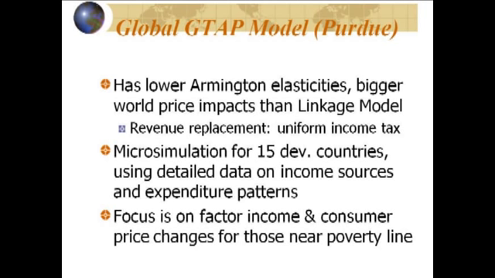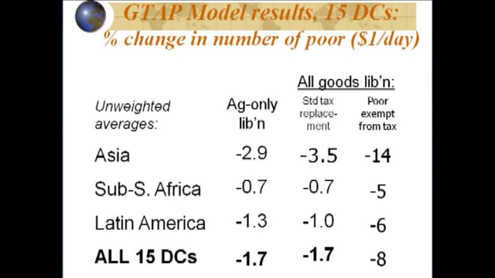In all of these models, we separate ag from non-ag liberalisation. The first column here shows you the agriculture-only liberalisation results. And you can see that for these 15 developing countries, the weighted average is just under a 2% reduction in the number of poor, with East Asia again being an important area where this happens a lot.